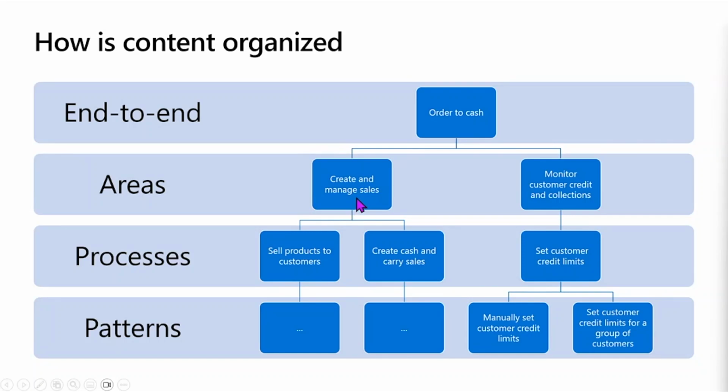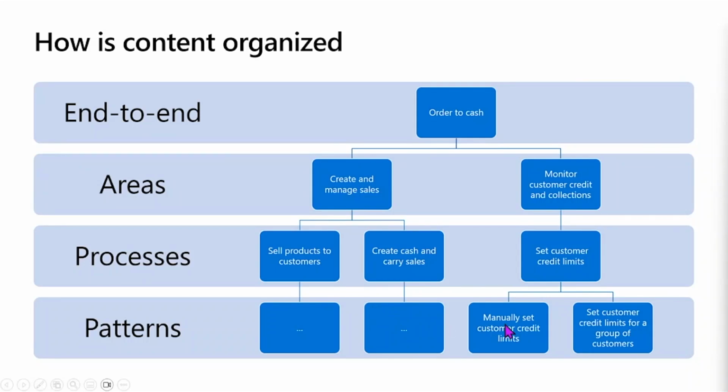For the example of create and manage sales, we show you here sell products to customers, create cash and carry sales. And then we have set customer credit limits underneath monitor customer credit and collections. There are many business processes underneath each area. This is just a small sampling for your information.